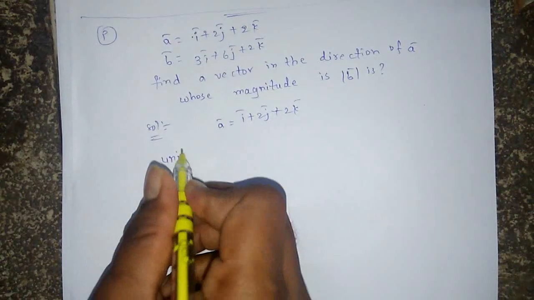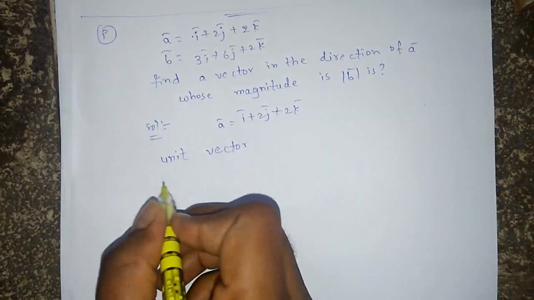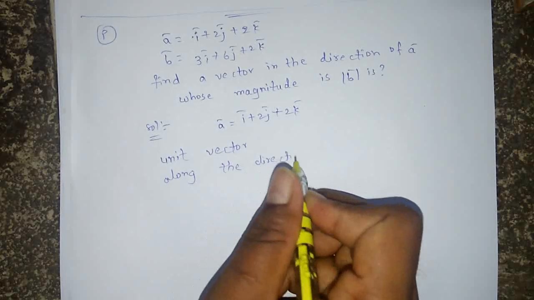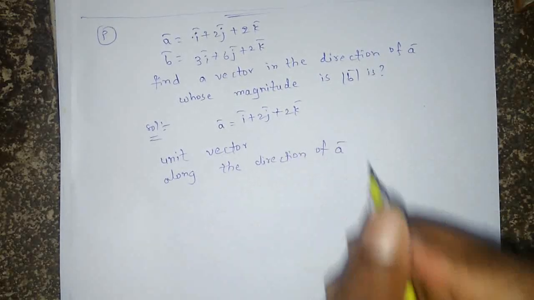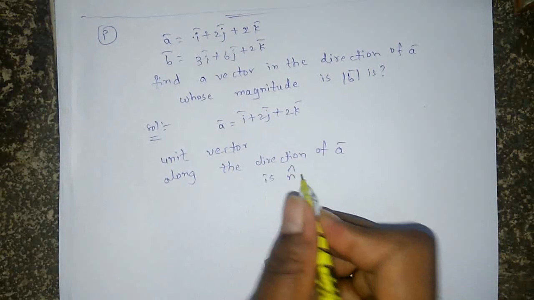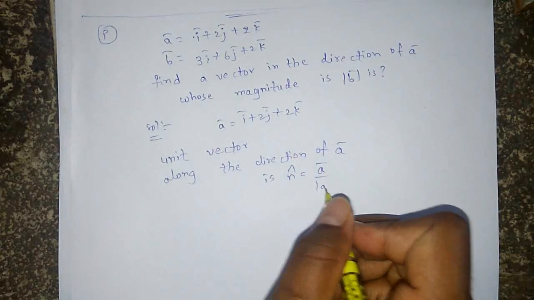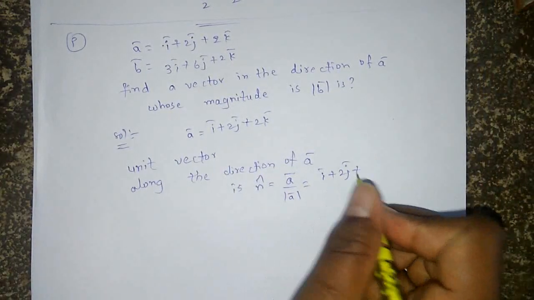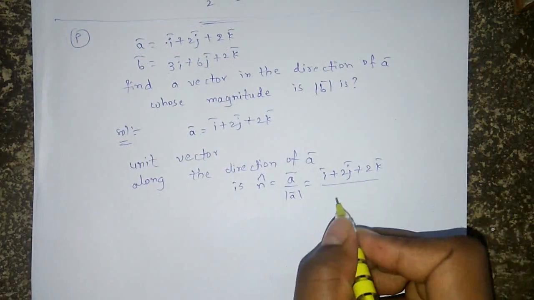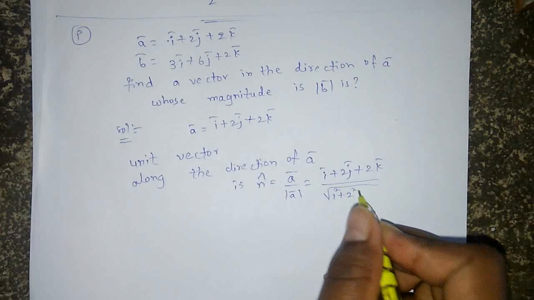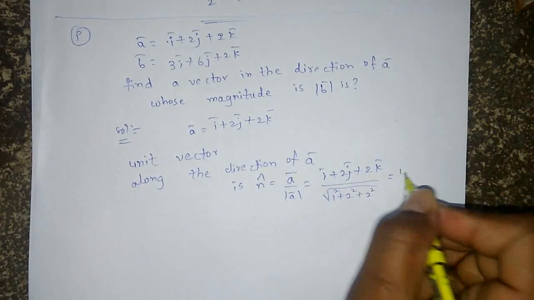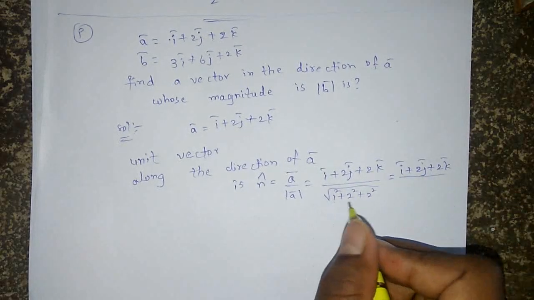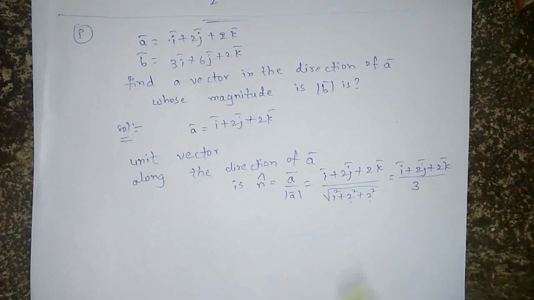Now the unit vector along the direction of A bar, let us assume it as A n cap, is equal to A bar by mod A bar, that is I bar plus 2J bar plus 2K bar by mod A bar, which means root of 1 square plus 2 square plus 2 square. That is root of 1 plus 4 plus 4, that is root 9, that is equal to 3.